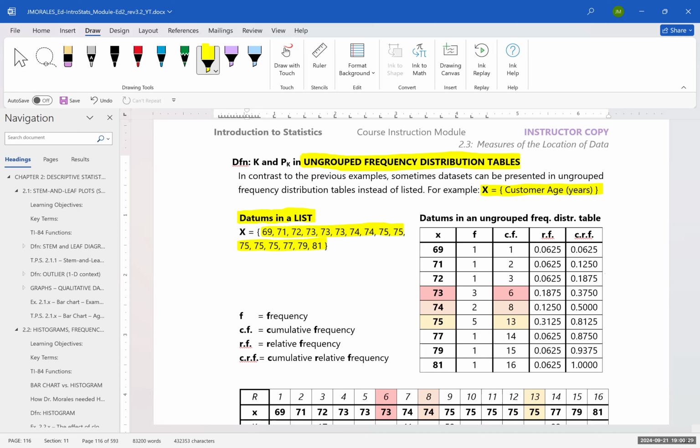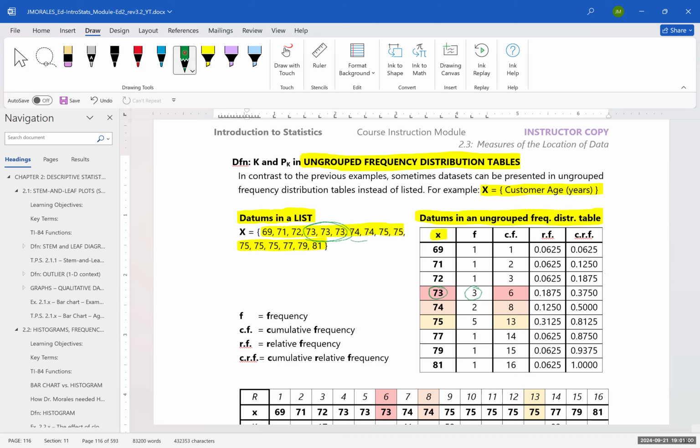But this data, instead of being formatted in a list, can be formed in a table format, such as an ungrouped frequency distribution. So you can see each one of these datums is represented in this X column. But instead of the number 73 being shown 3 times, it's listed once in the table, but with a frequency of 3 to show that it occurs 3 times.